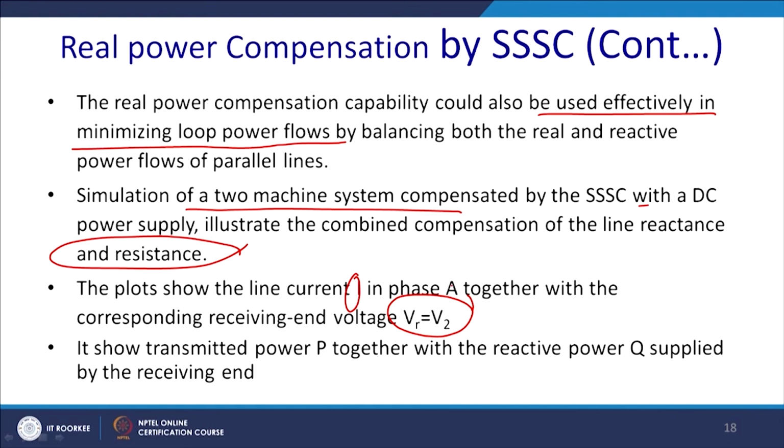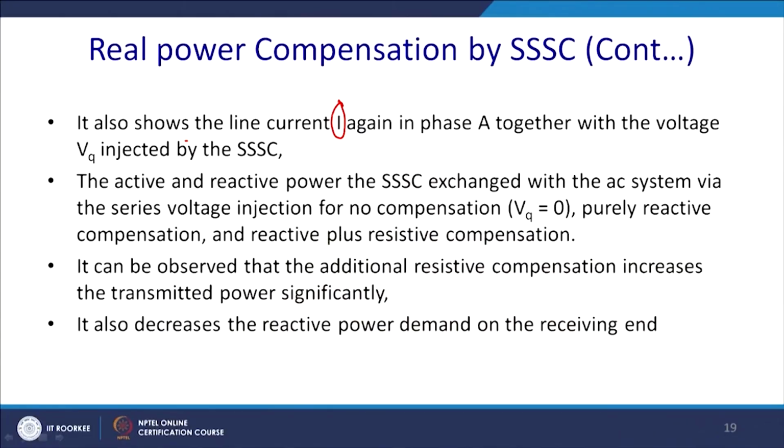It shows the transmitted power P together with the reactive power Q supplied by the receiving end. Moreover, it also shows the line current I, again in phase A, together with the voltage VQ injected by the VSC.